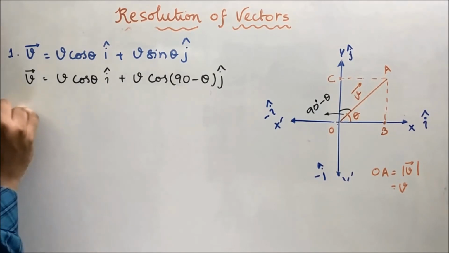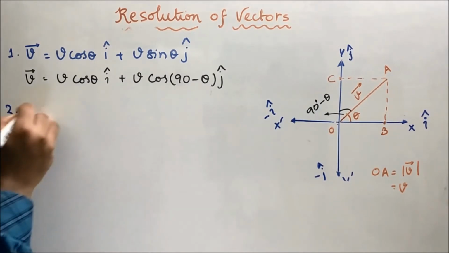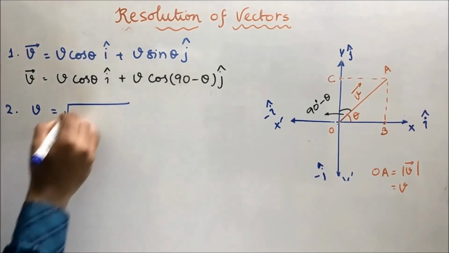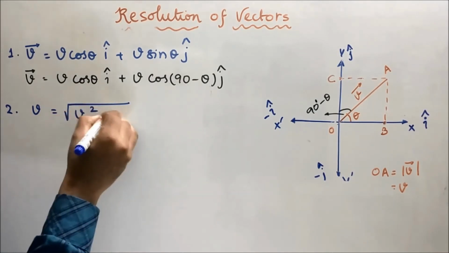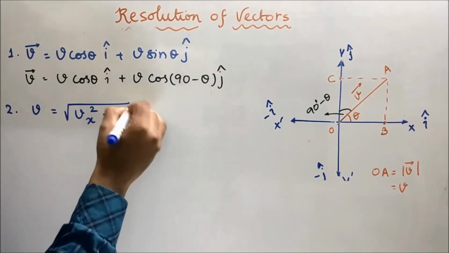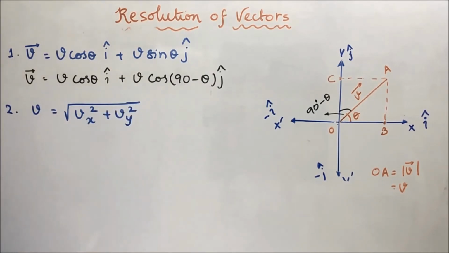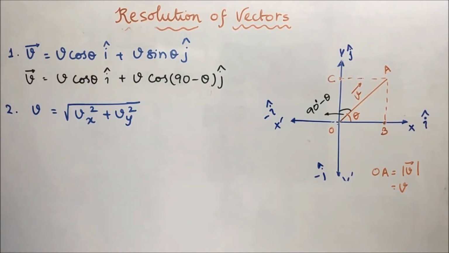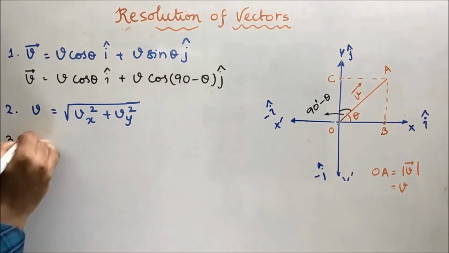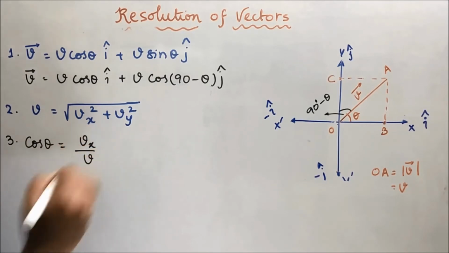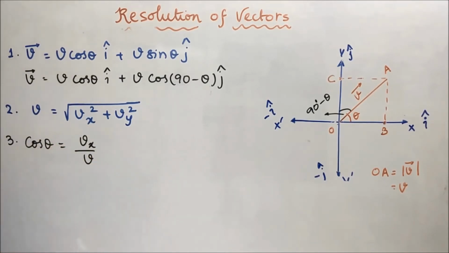Number 2, magnitude of v is nothing but x component of v square plus y component of v square, so Vx square plus Vy square. Number 3, cos theta can be written as Vx by v because Vx is equal to v cos theta.